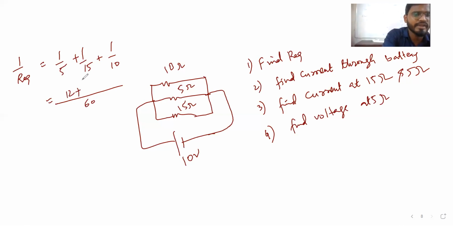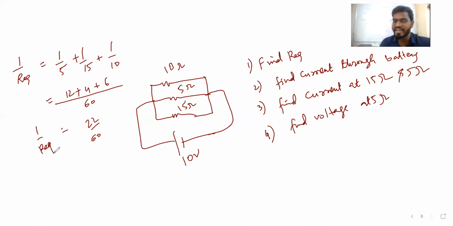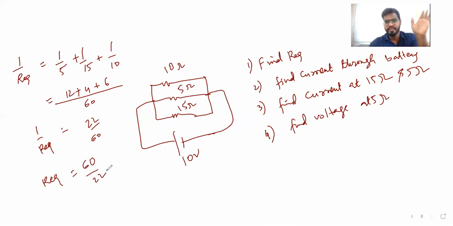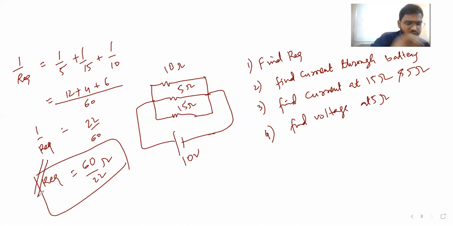So 12 plus 4 plus 6, that is 22 by 60. So that is 1 by R equivalent. Guys, we need R equivalent, so we take the reciprocal, 60 by 22. That's it. Got it? That is the total resistance. Fine.